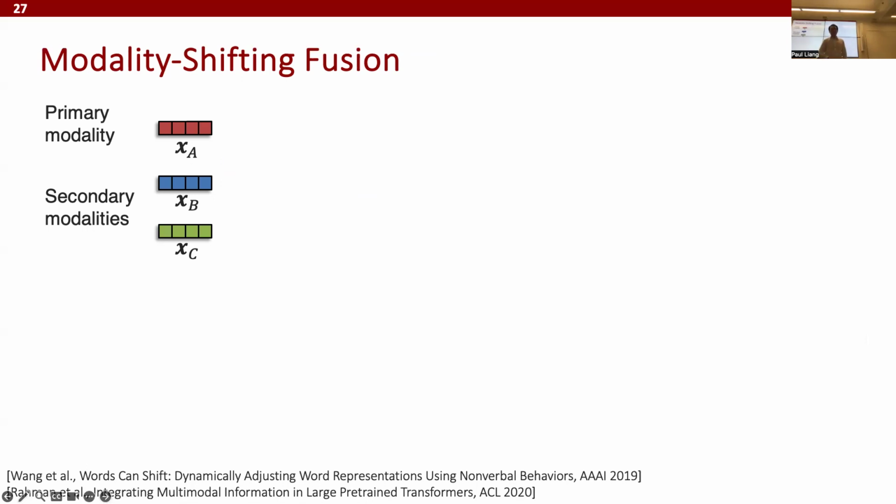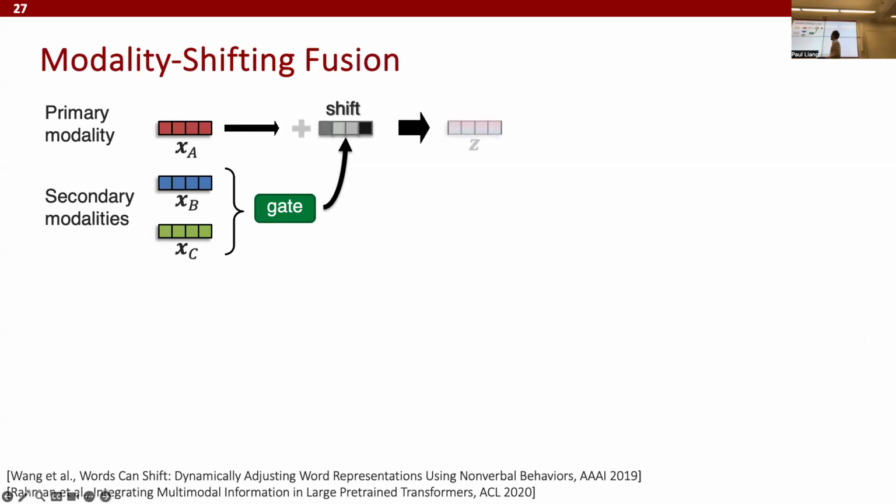You might try to have one as a primary and only use the other secondary modalities as a way to make minor modifications, minor changes to the primary one. So one set of methods that have come out is take the secondary, in this case, visual and audio, and you learn some function that tells you how useful they are, and that gives you some set of features. Sometimes they're let pass through, and sometimes they're just zeroed out.